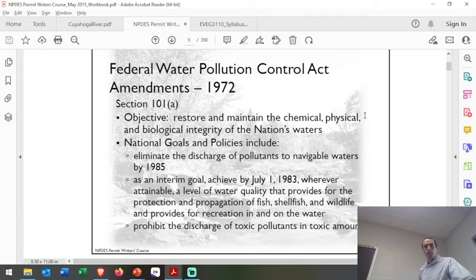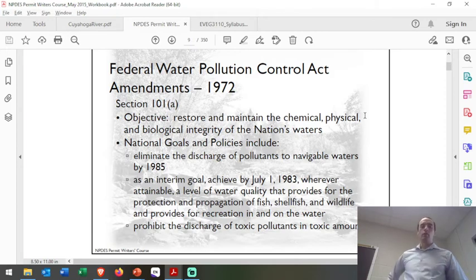National goals and policies included at the time to eliminate the discharge of pollutants to navigable waters by 1985. So just eliminate all pollution. No more pollution. So you can see here that perhaps was a bit naive. I think that we realized later.